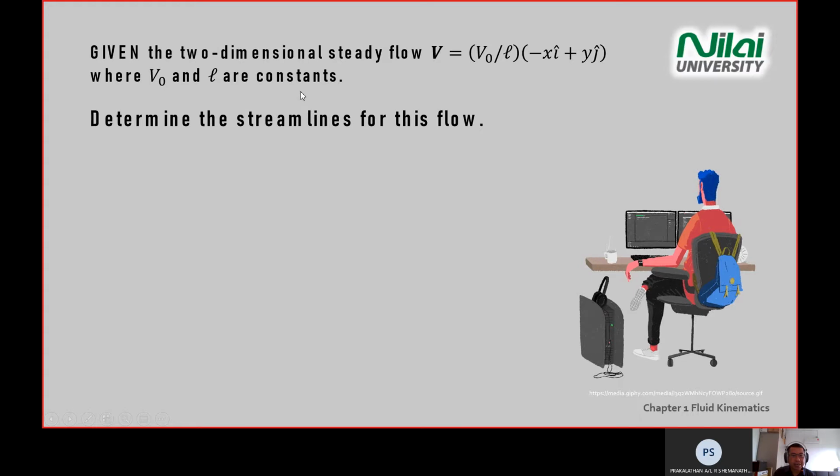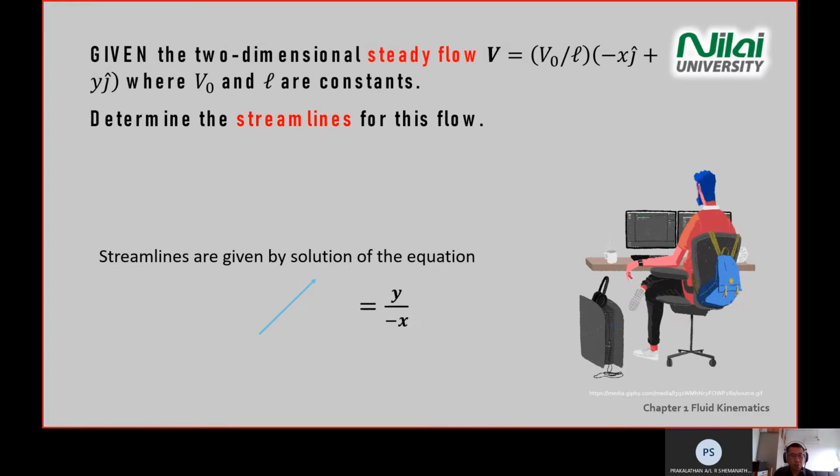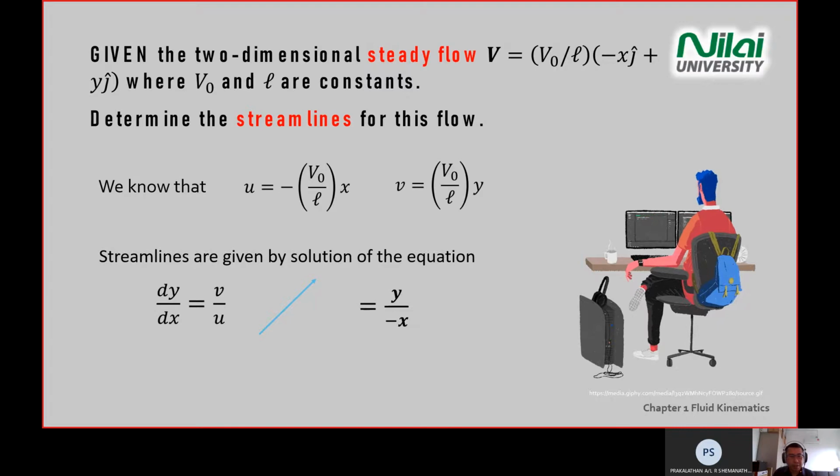Now we want to visualize the streamline. So again, how to visualize? Let's break down the equation just now. We know that u equals this component and v equals this component from the vector equation.